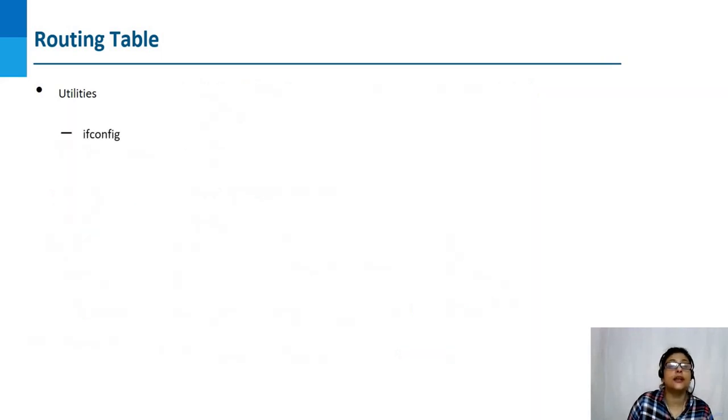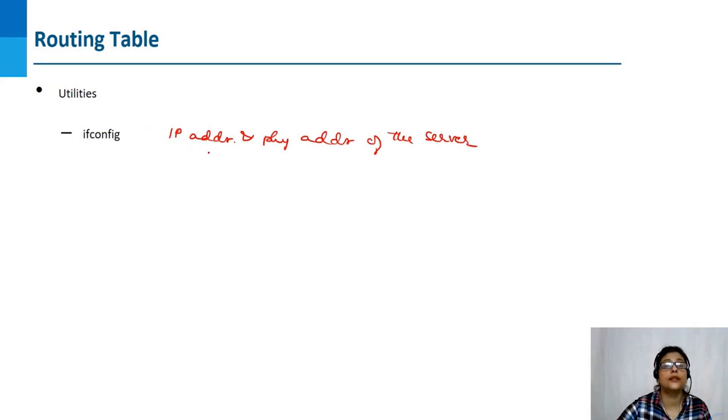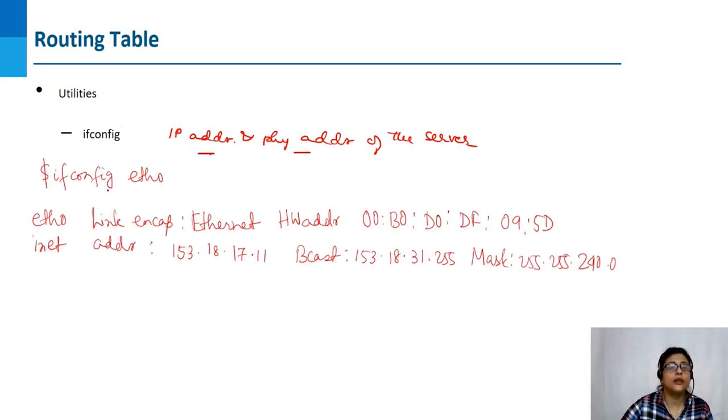The next utility that we will be learning is ifconfig. It is basically used to get the IP address and the physical address of the server. ifconfig eth0 is the Linux or Unix command. If you give this, you get this result. It basically gives the hardware address. This is the NIC, and it gives the Ethernet address, the broadcast address, and the mask.